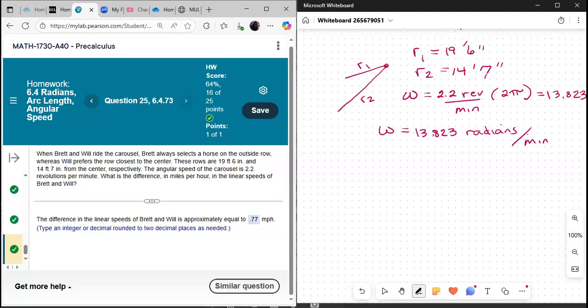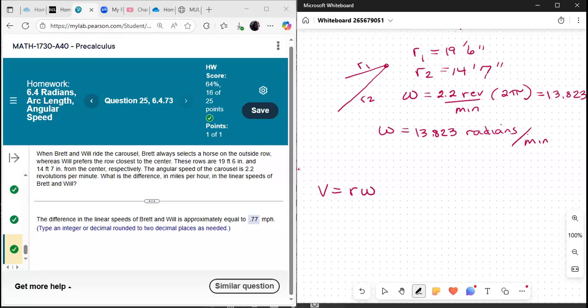Well, we're going to have to change the feet and inches to miles, because if we're looking at the difference of linear speeds, linear speed is the radius times the angular speed.